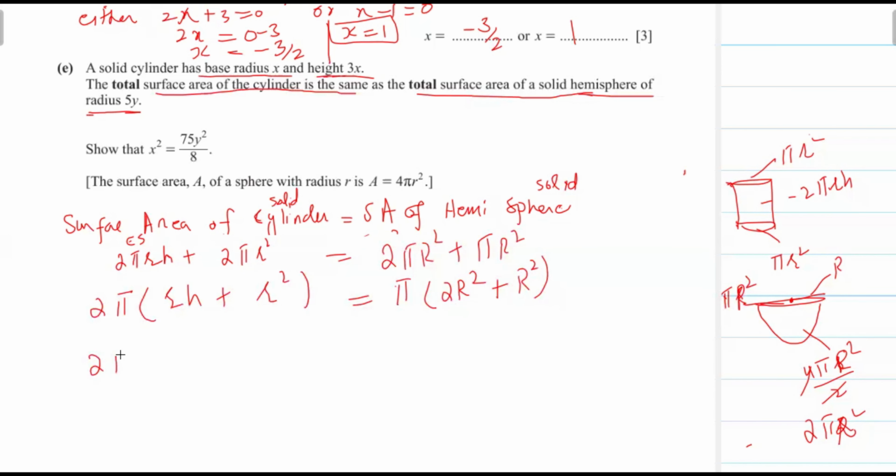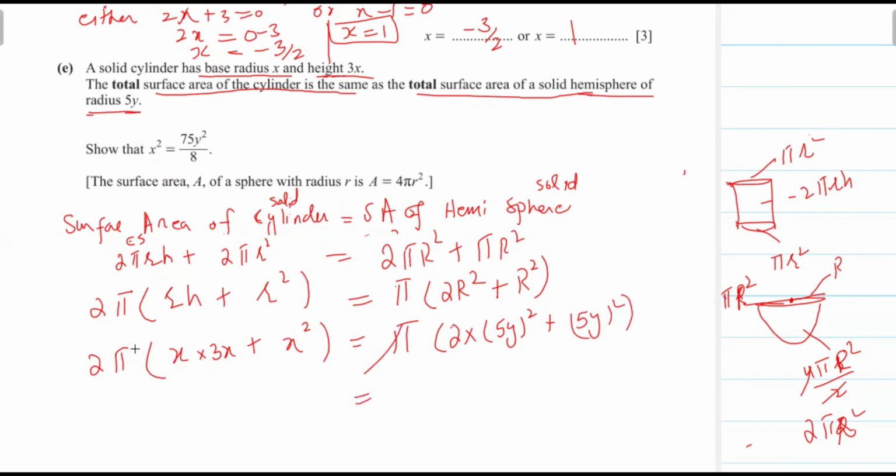Therefore, we can write 2 pi into R, here the radius of the cylinder is x, height is 3x, plus radius is x, x squared, equal to pi into 2 into radius of hemisphere 5y. We can write 5y whole squared plus 5y whole squared, and this will be equal to, pi will be cancelled.